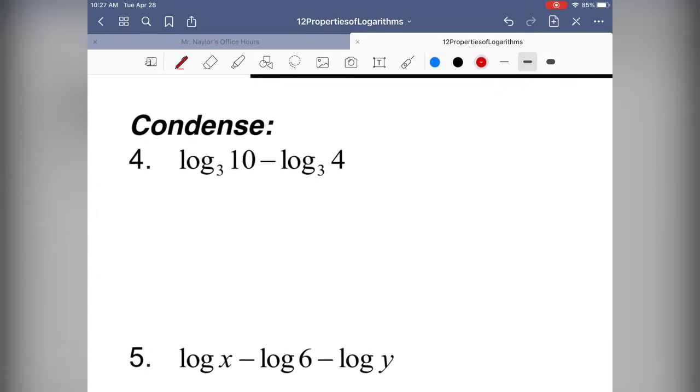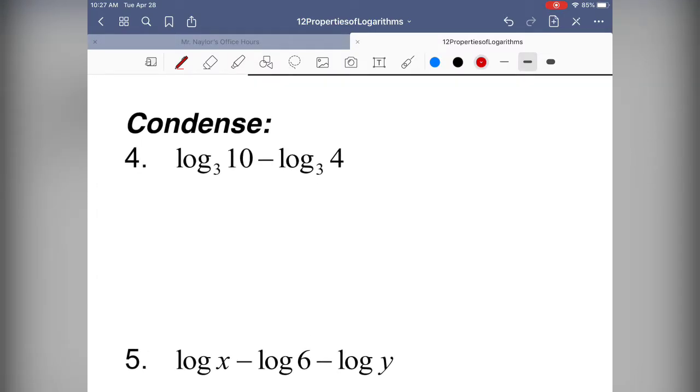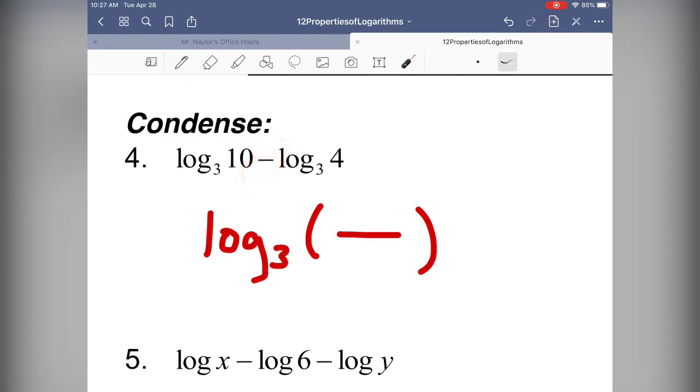So we can take this log base 3 of 10 minus log base 3 of 4, and we can condense it to be 1 log. Now, we condense it to be 1 log that's going to end up being a division problem. It's a division problem because this one is subtraction. So it's real simple. Whatever's being subtracted, in this case the 4, is going to end up in the denominator.